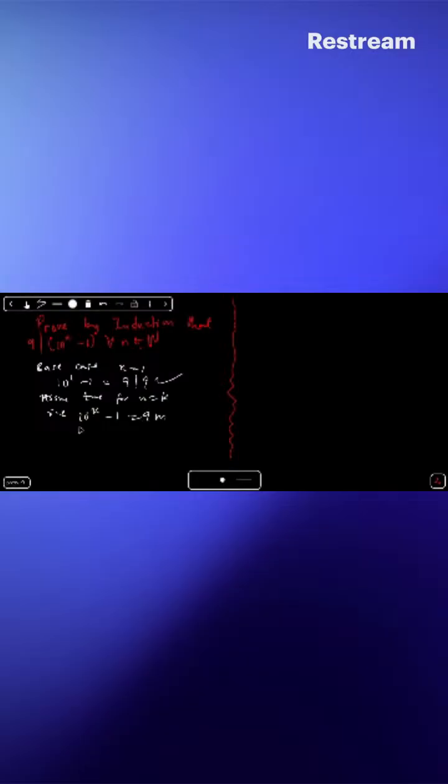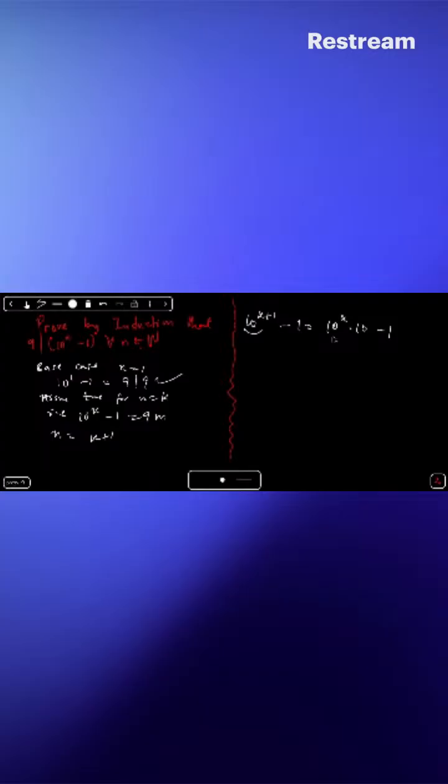After that, we assume that n is equal to k plus 1. So if n is equal to k plus 1, just substitute n to be k plus 1. So we are going to have 10 raised to the power of k plus 1, then minus 1. What you are going to do next, 10 raised to the power of k plus 1 is also 10 raised to the power of k multiplied by 10, then minus 1.